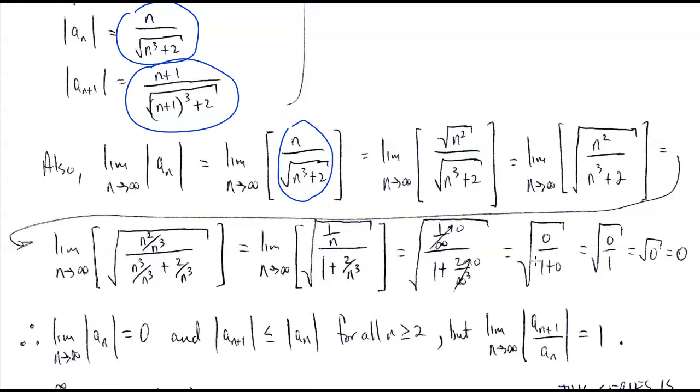So we've met the first condition: the terms of the absolute value of the original sequence that made up our series are ultimately decreasing. The other thing is that the limit of the absolute value of our sequence goes to 0 as n approaches infinity.